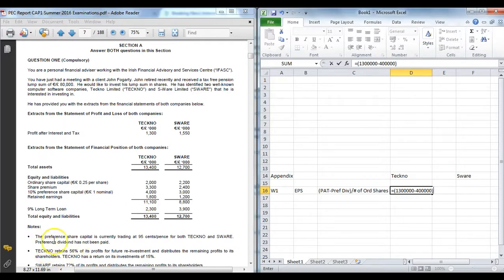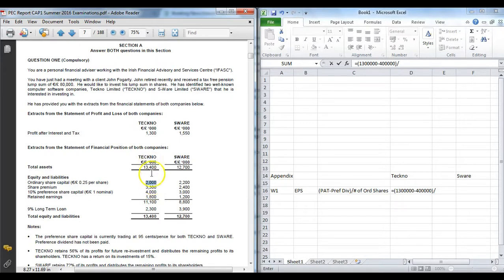And we're told here the preference dividend has not been paid, so it would not have been taken out of the profits for the year. So that is one thing that caught a lot of students. You needed to know the formula was after preference dividend. The second thing you need to be careful with now is how many ordinary shares there are in Techno. A lot of students would have written 2 million ordinary shares because they've seen that in the statement of financial position.